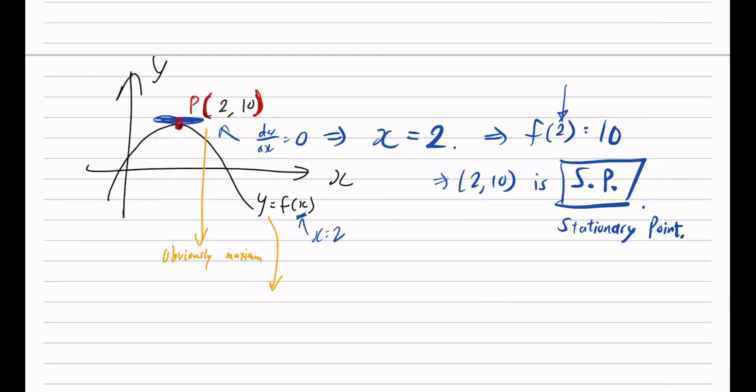No, because it's ambiguous. What's another possibility when dy by dx equals 0? Two other possibilities. Remember the flow chart I drew for you? Remember? Stationary point. What are the 3 cases?